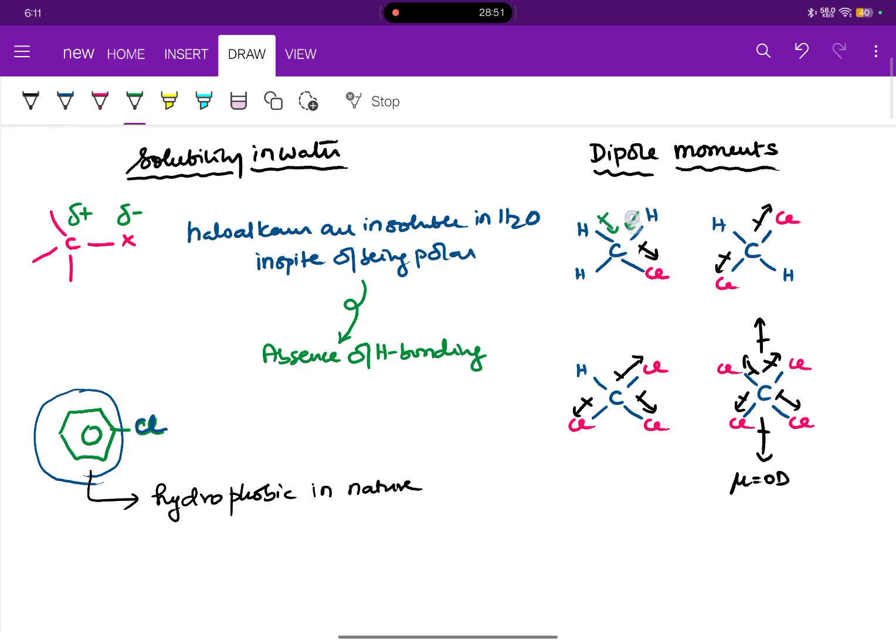In this case, carbon is more electronegative, so the dipole moment moves towards the carbon. Again the same thing over here, the reverse. So dipole moments play a very important role in their solubility in any solvent, polar or non-polar.